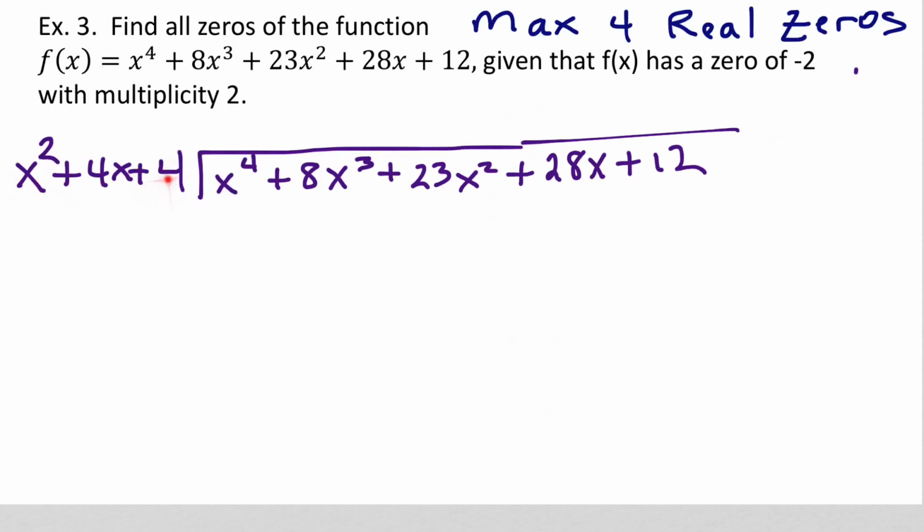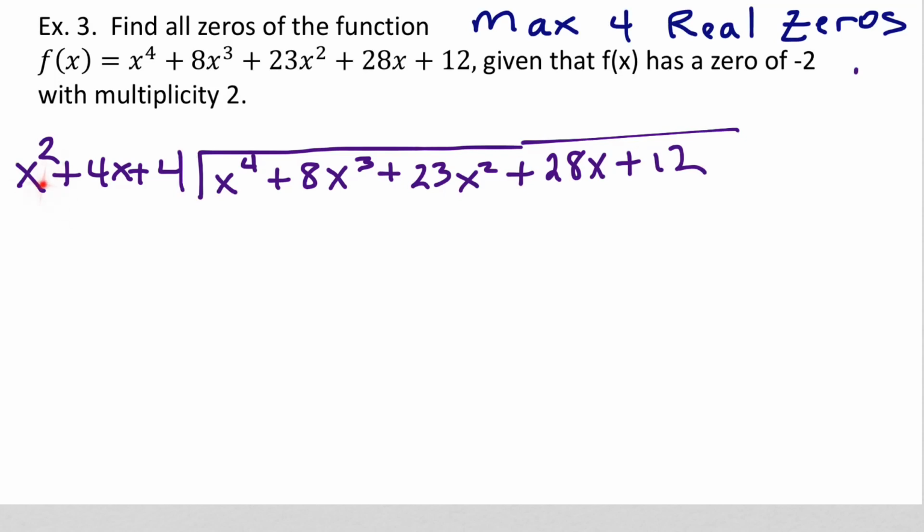Remember, we started out with a zero of x plus 2 and we squared it because it has a multiplicity of 2. If I divide it into here, I should get a remainder of 0, and the quotient up here should be another factor of this polynomial. So let's go ahead and do that.